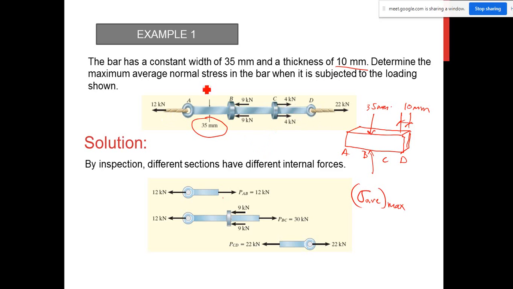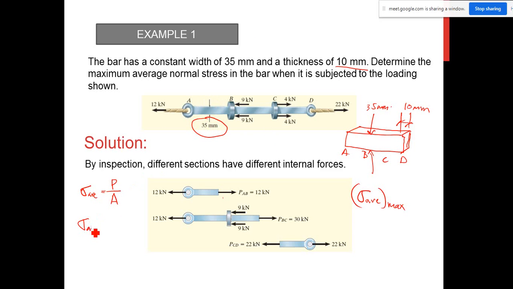So how to calculate the average normal stress? Average normal stress is equal to P over A. Let's say you want to calculate the stress at portion AB.